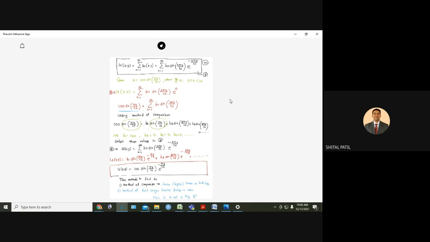Instead of bn, I substituted 100 in place of b1. b2 equal to 0, b3 equal to 0, b4 equal to 0, b100 equal to 0. Understood?